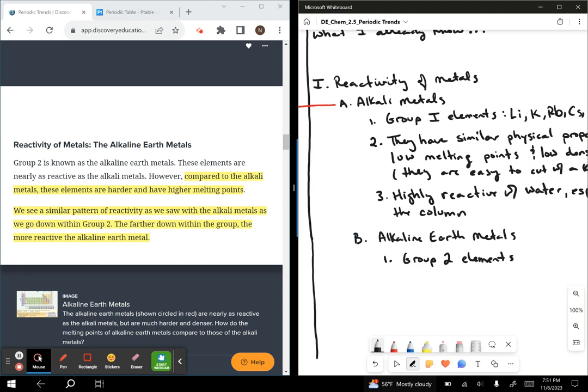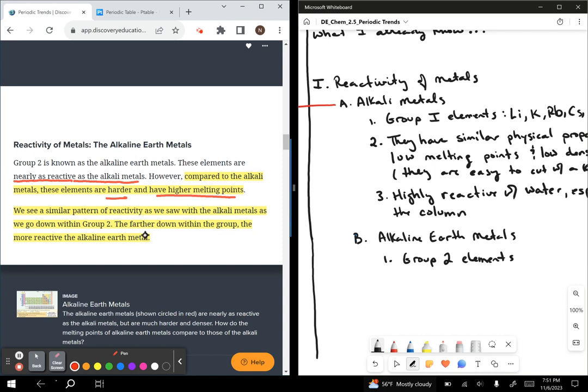Okay, and make sure, of course, you've read this. You can see I've got some highlights here. Compared to the alkali metals, these elements are harder. They have a higher melting point. And these elements are nearly as reactive as the alkali metals. We see similar patterns of reactivity as we saw with alkali metals as we go down within group 2.